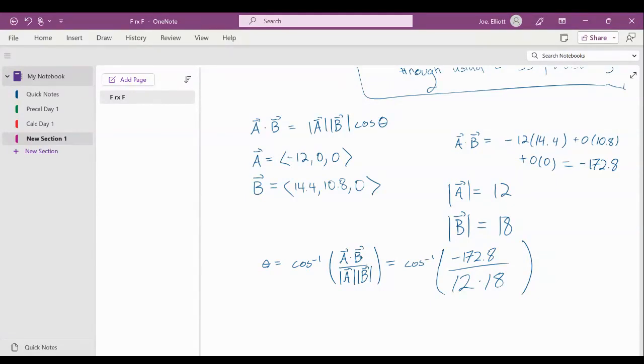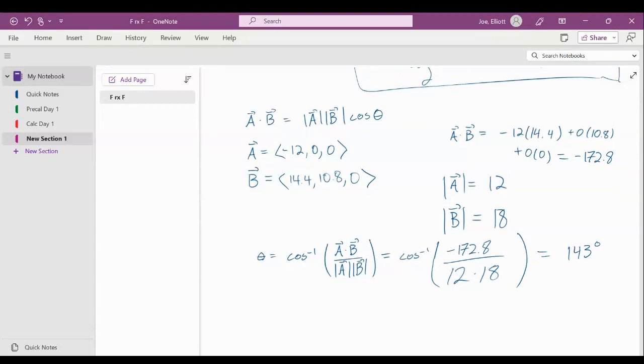Oh, cosine inverse. I'm getting 143 degrees, which is not actually that bad. You have to think about it. Again, use your geometric intuition.